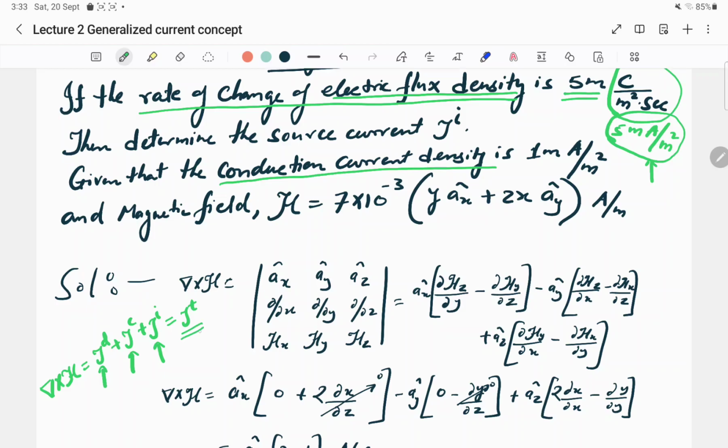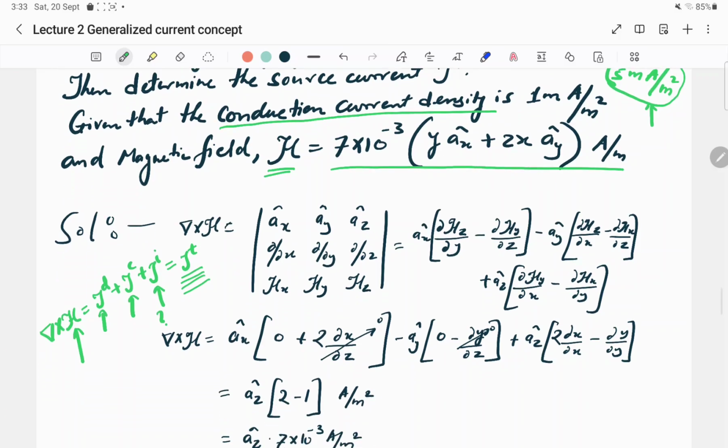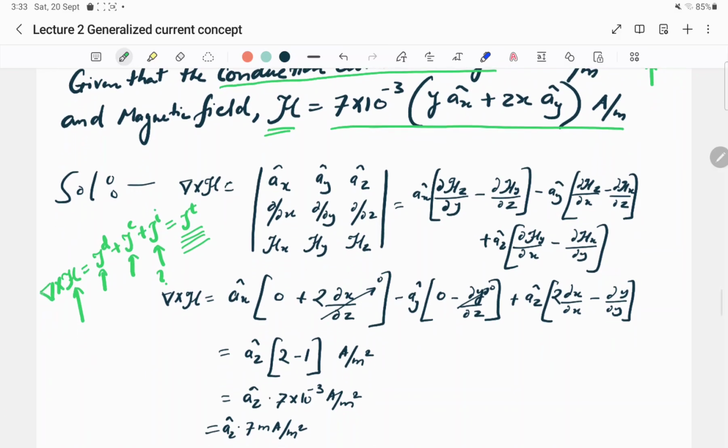You don't know JT yet, but in the question it has been given that the magnetic field H follows this relation. So if someone knows how to find the curl of a magnetic field, then the job is done.